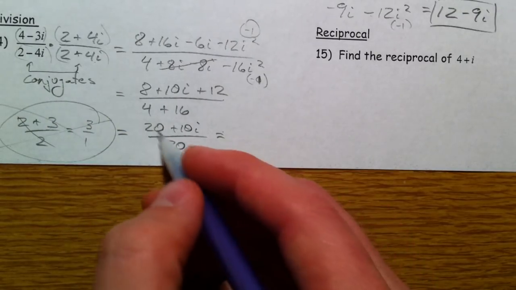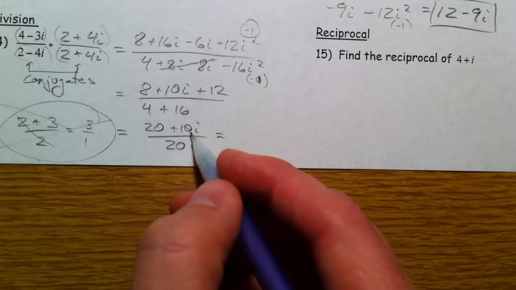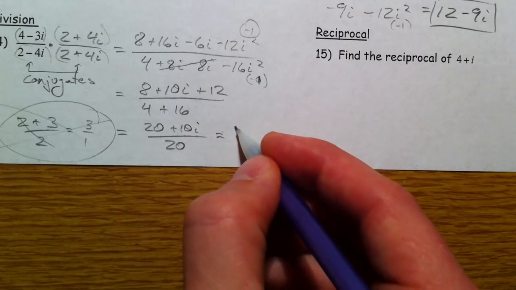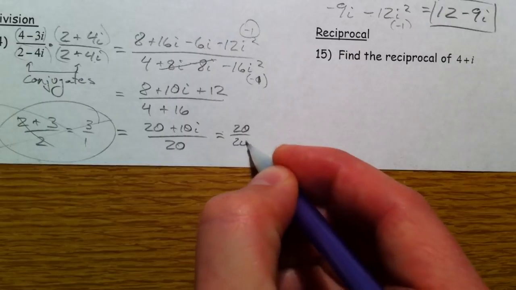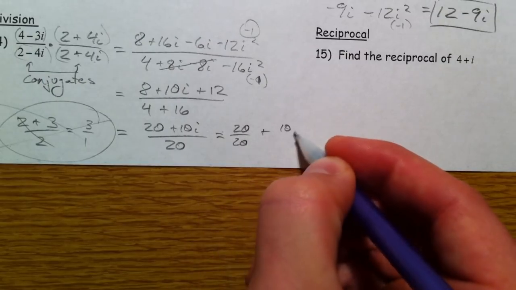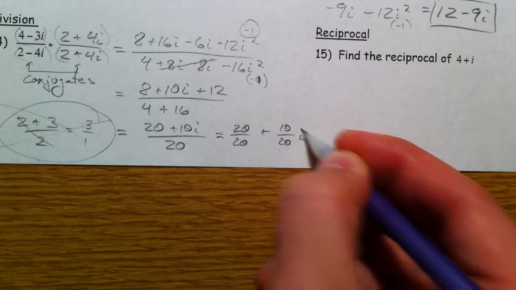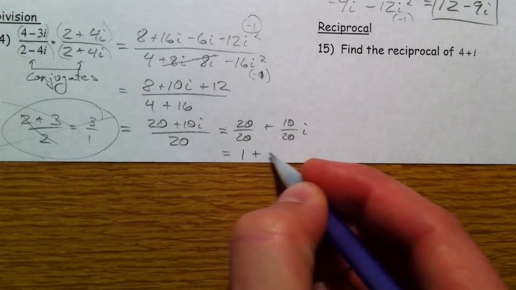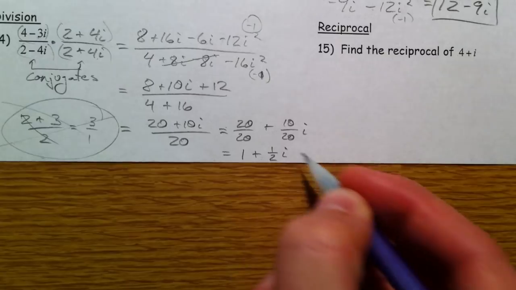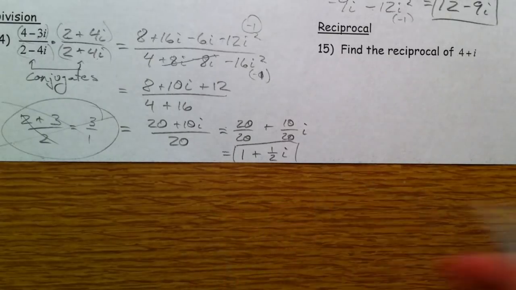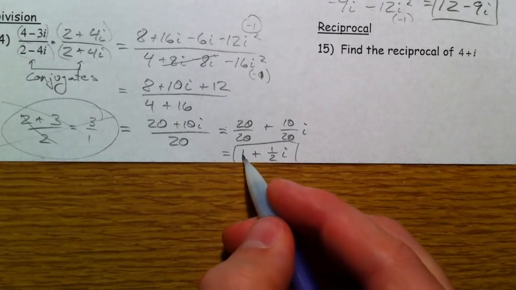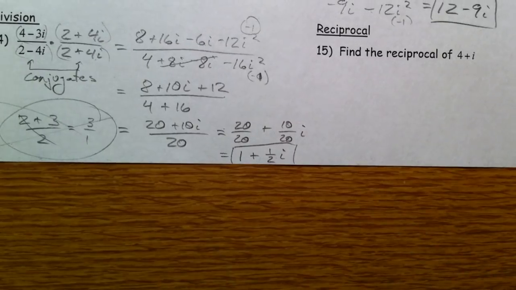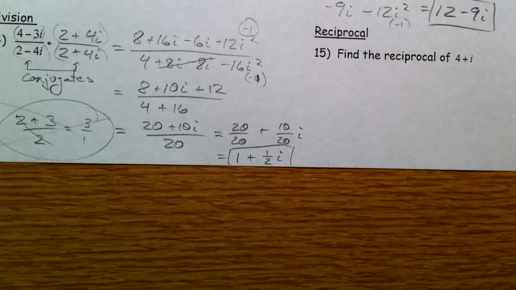Instead, if you want to think of pulling out the 20 out of each thing, or looking at what each has, let's split it up. 20 over 20 plus 10 over 20i. So that's 1 plus 1/2 i. And that's very appropriate because you have the real and the imaginary, making up a complex number.